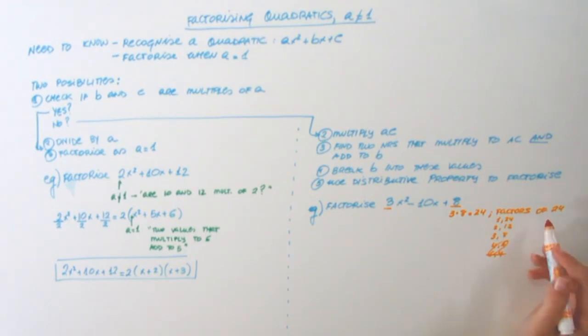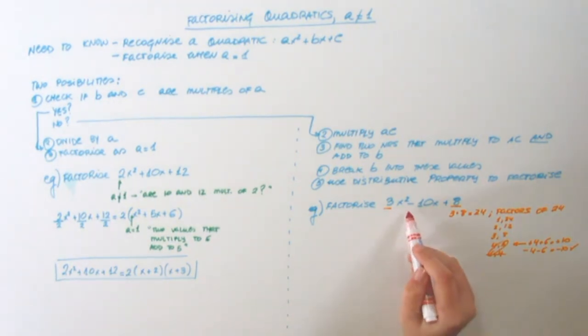Then I need to find which ones of these two add to 10. So I've been searching, 4 and 6 add to 10, and then I take care of the signs. Plus 4 plus 6 is plus 10, minus 4 minus 6, it's minus 10, so it's this one that I need to use.